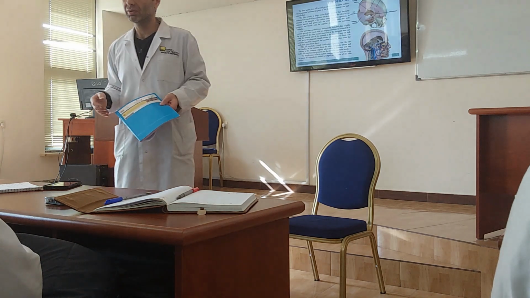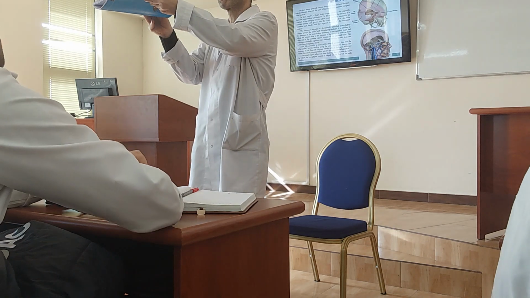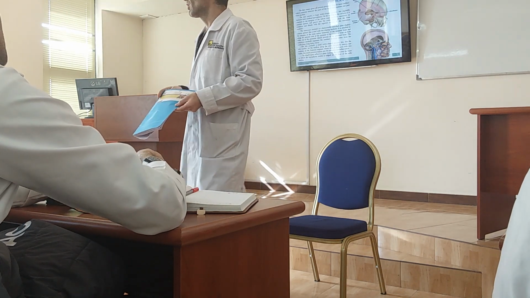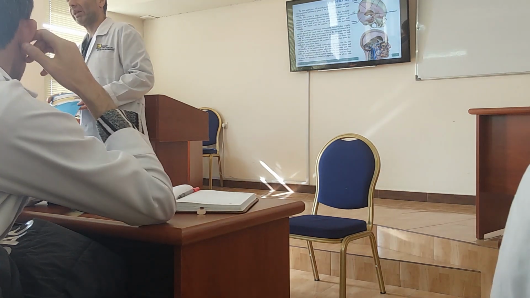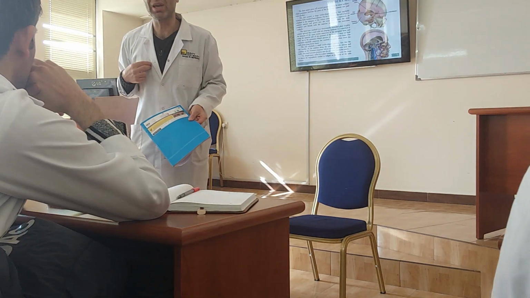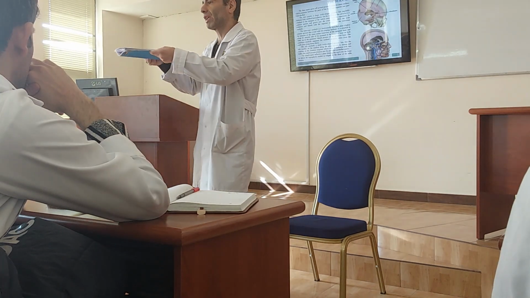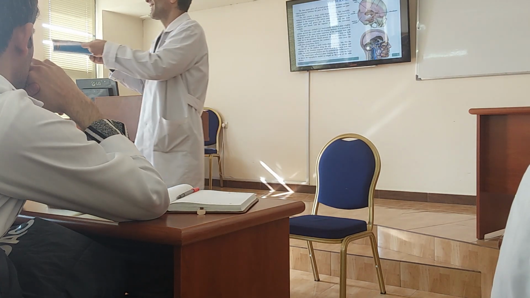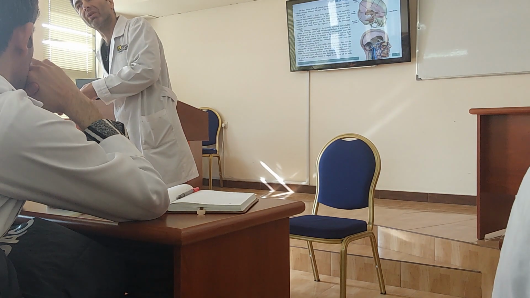Please, friend. Doctor, these 2 layers are fused, but in some regions what do they form? They form the processes of dura mater. And inside of these processes we have sinuses. Remember, please, when the 2 layers of dura mater disconnect from each other, we have formation of processes of dura mater.